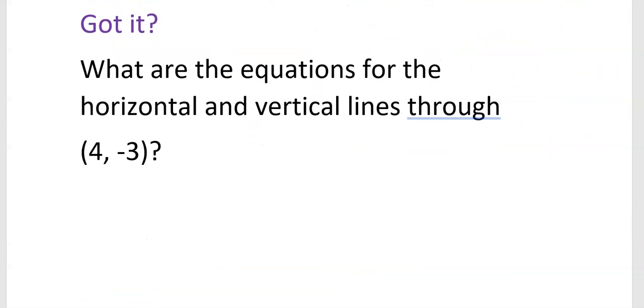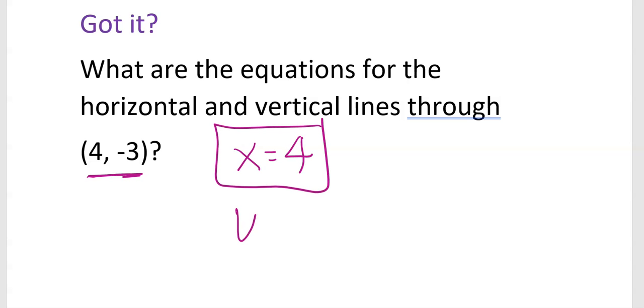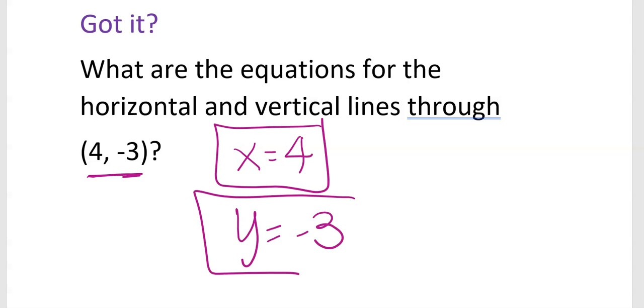Okay, so what would this one be without even graphing it? We want horizontal and vertical lines. So how we need to come up with 2 lines, what are they going to be? Yep, x equals 4 is one of them. y equals -3 is the other. Not super complex, but it's hard to remember that that's what you do.